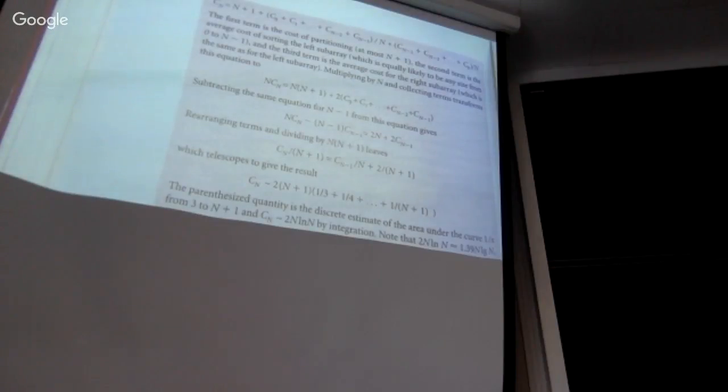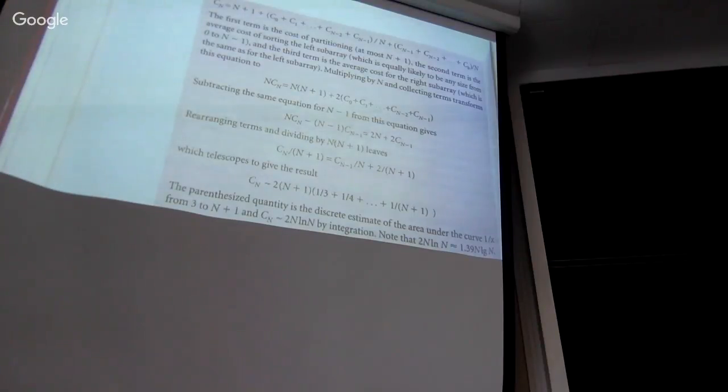Yes, it's simply an average. What is an average? Add them all, divided by the number of them. So that is an average expression there. Okay? And the third term is the average cost for the right subarray. Again, the same thing. Yes.